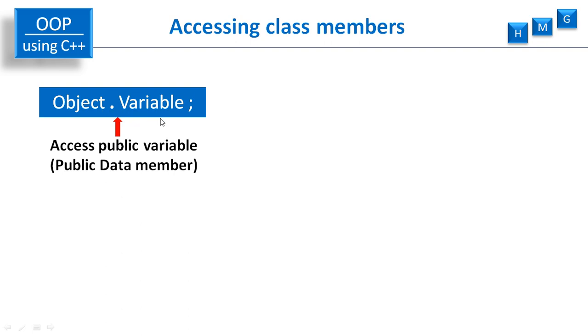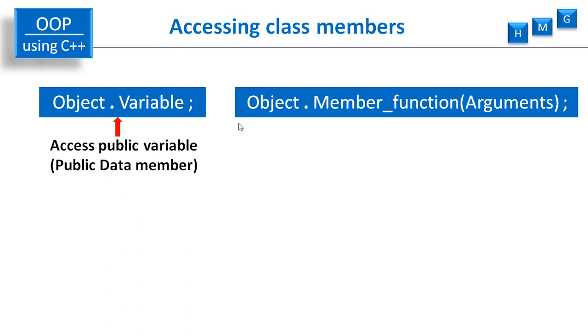Now come to the member function. How is the member function accessed? This is the syntax or general form: the object, then the dot operator, the member function name, in brackets the arguments if there are any, and a semicolon. Here we access a public member function. Like this you can access the public member functions of the class.